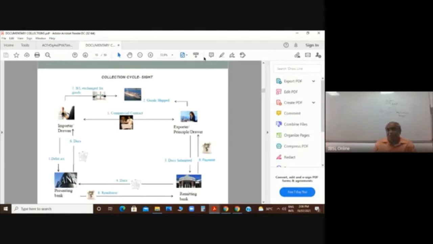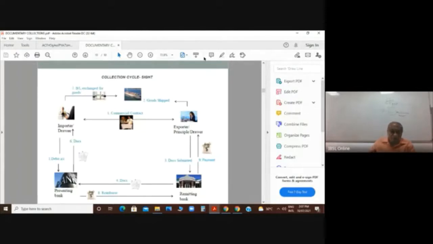Right? Once you study, take a pen and piece of paper and write down the steps in order. For example, step 1, agreeing commercial contract.